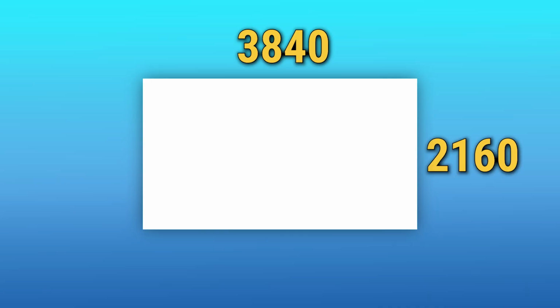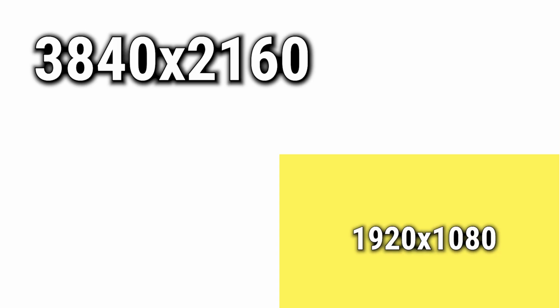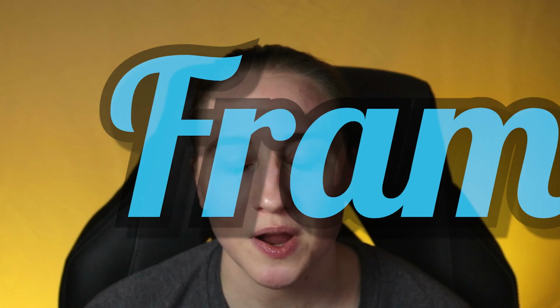And then there's also 4K, which is 3840 by 2160. 4K resolution gives you a total of 8,294,400 pixels. That makes it 4 times larger than the 1920 resolution. So while aspect ratio answers the question of what shape is my video, resolution answers the question of how sharp is my video.